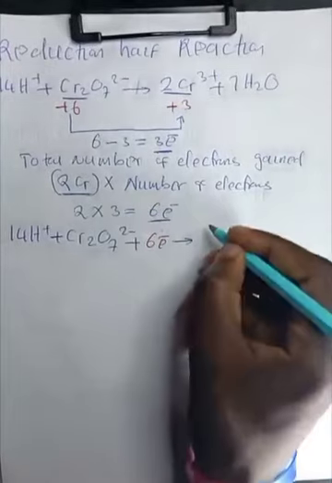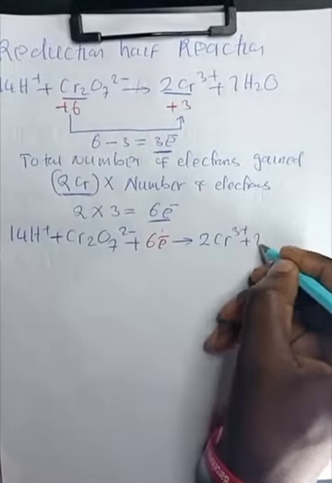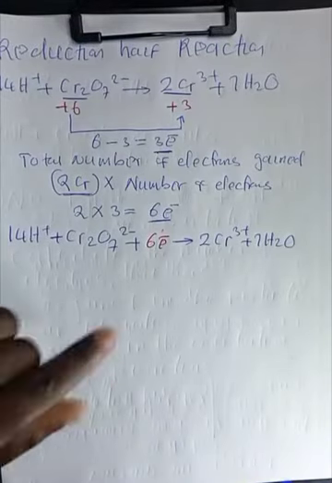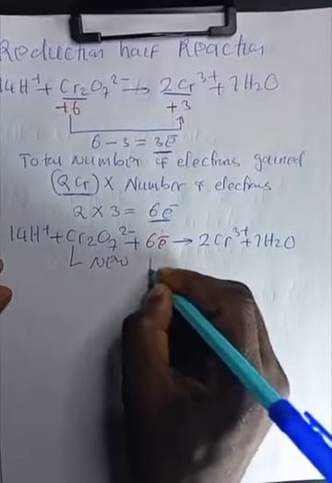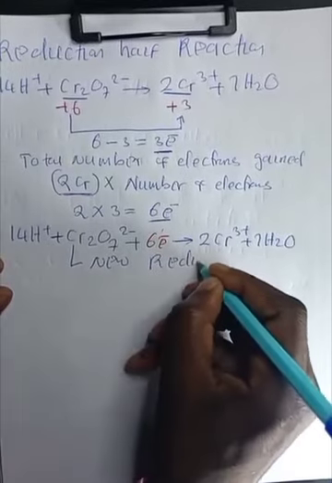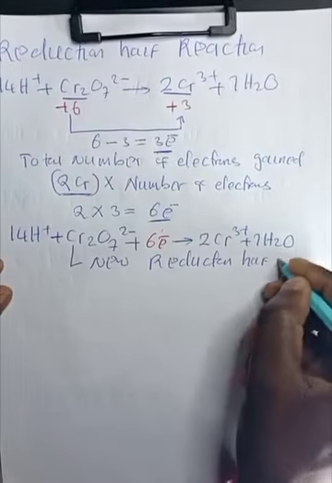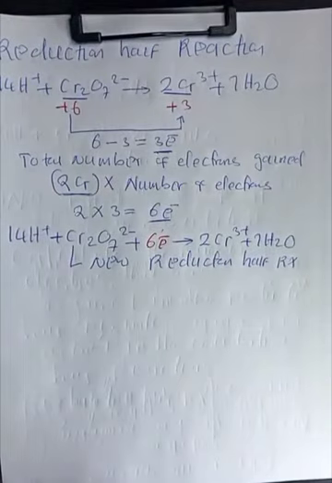Then this produces 2 Cr3 plus, 7H2O. Yeah, so we have done. So this is now our new reduction reaction.